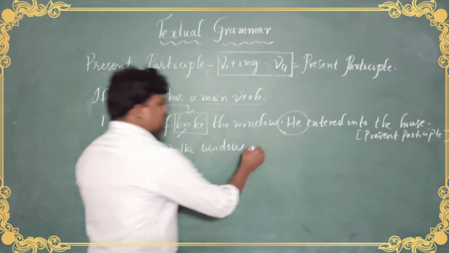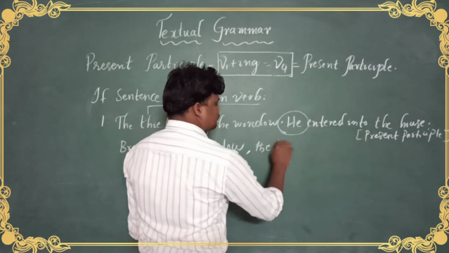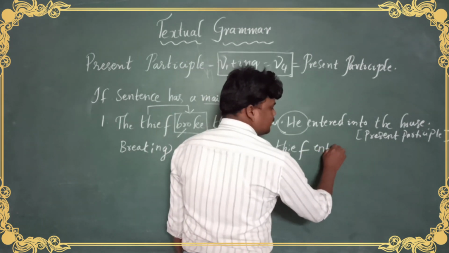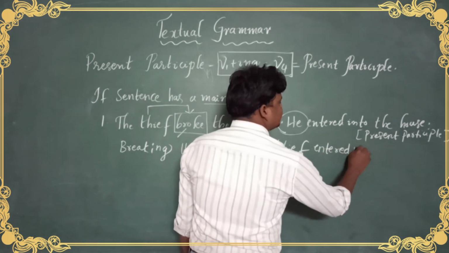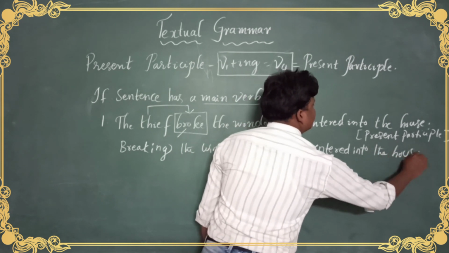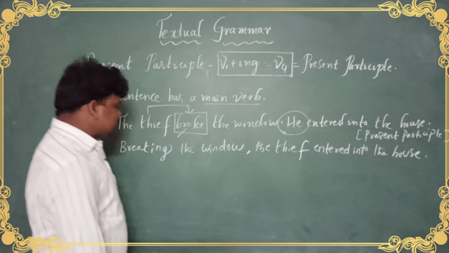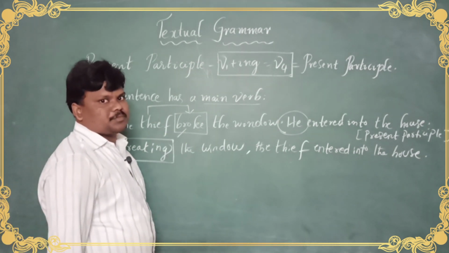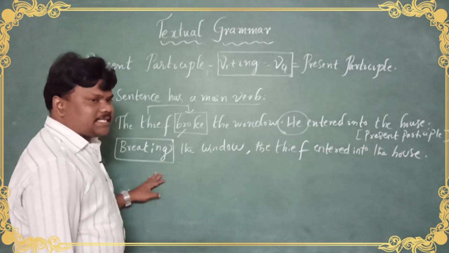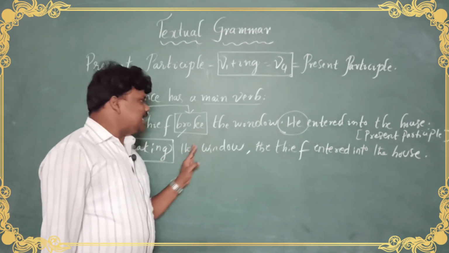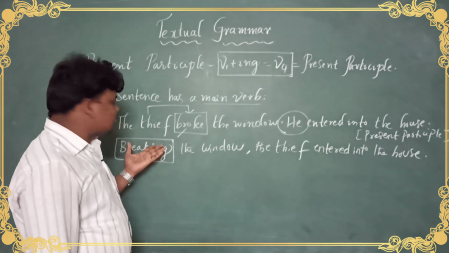Breaking the window, the thief entered into the house. See, breaking is the present participle. Very simple, my dears. I taught you this last time, and again I remind you. So very easy.